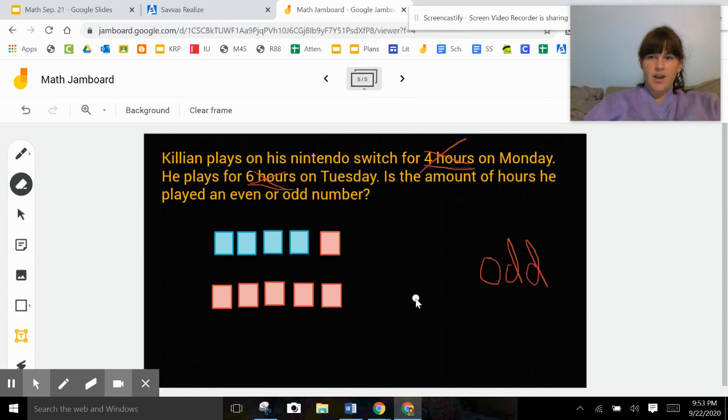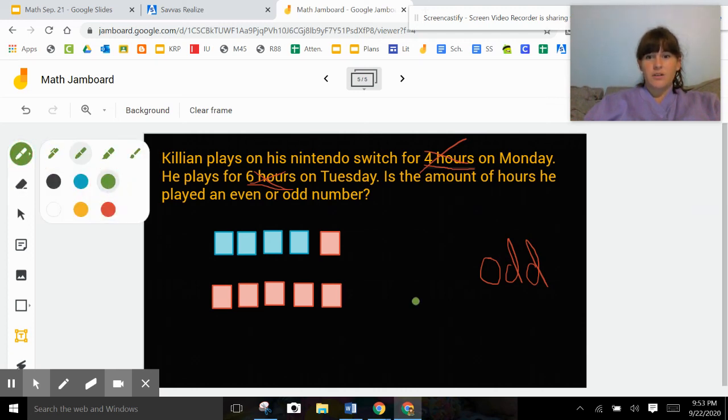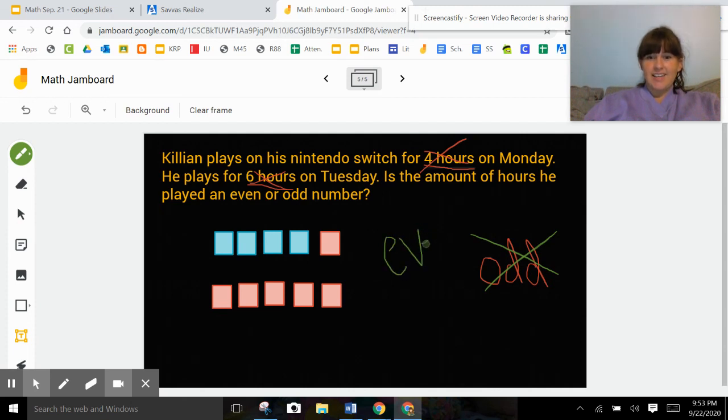Are our two groups even now? Is the group on top and the group on bottom, do they match each other? Are they the same? So our number really is not odd anymore, is it? What is it? It is an even number, right?